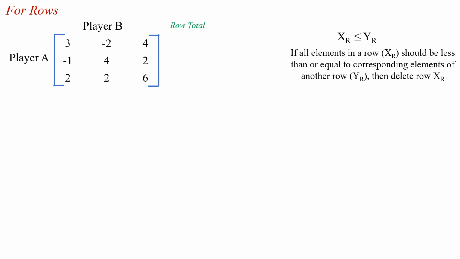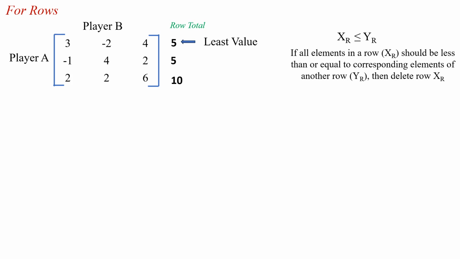The first row total is 3 minus 2 plus 4, which is 5. The second row total is -1 plus 4 plus 2, which is 5. The third row total is 2 plus 2 plus 6, which is 10. Among these values, 5 is the least one. Then select the first row.